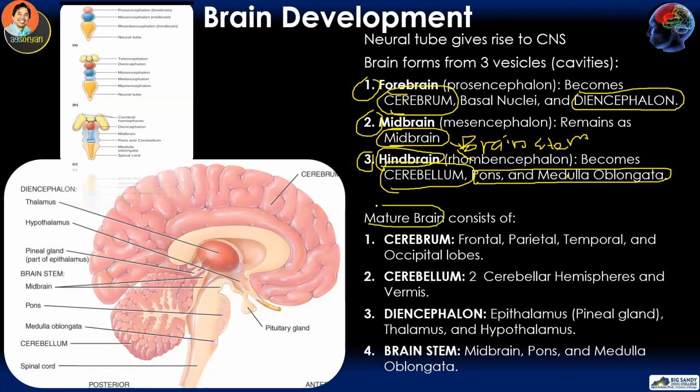So the mature brain consists of 4 main parts. The biggest part is called the cerebrum, developed from the forebrain. The second part is the cerebellum, developed from the hindbrain. The third part is the diencephalon, which also developed from the forebrain.